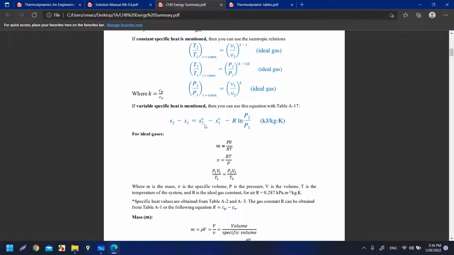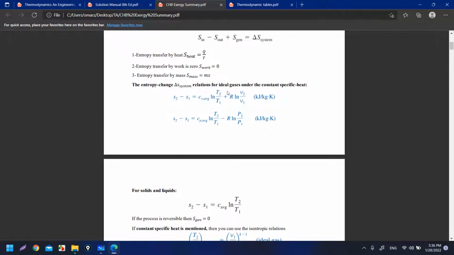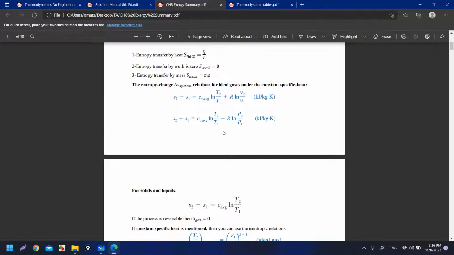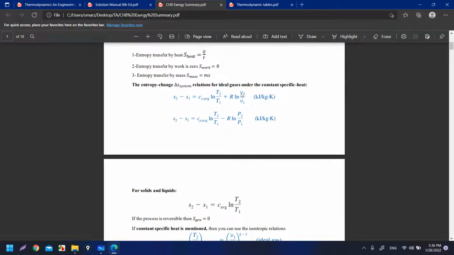You have to make this assumption right for him in the quiz or the midterm. If it is not mentioned, I will assume it is constant specific heat, or I will assume it is variable specific heat. We will solve another question about variable specific heat, but in this question we will assume it is a constant specific heat and use one of these equations. Okay, I already have P2 and P1, so I will use this equation. And you calculated v2 and v1, so also you can use this equation.